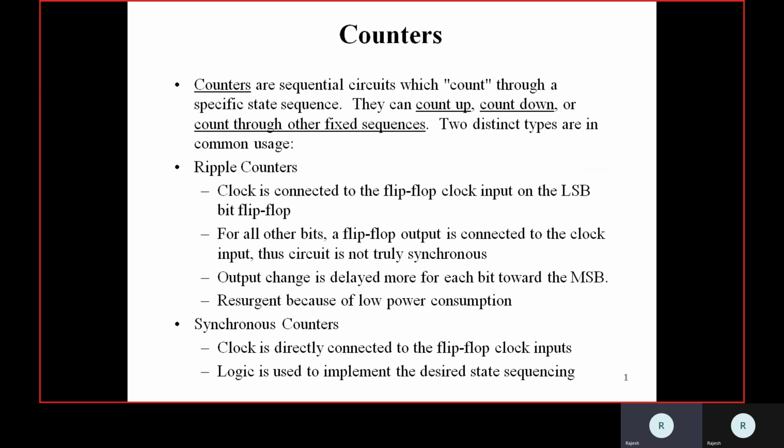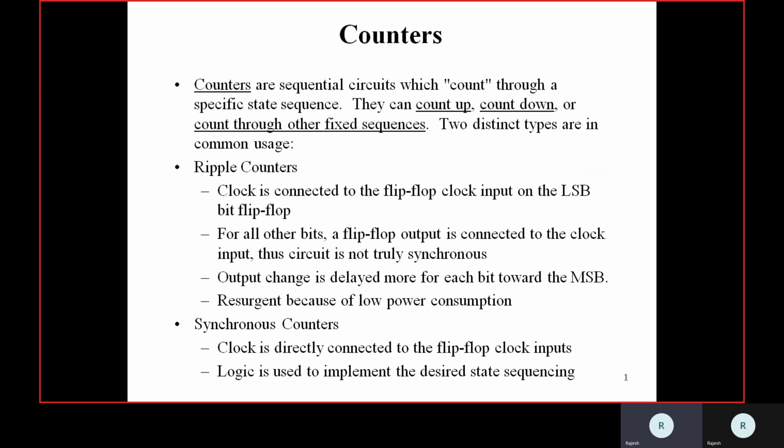What is a specific state sequence? You can make it act as an up counter, down counter, or you can also count through other fixed sequences. You can make it act as an up counter for a certain duration, then a down counter for a certain duration. So counters are sequential circuits which count through a specific state sequence. They can count up, count down, or count through other fixed sequences.